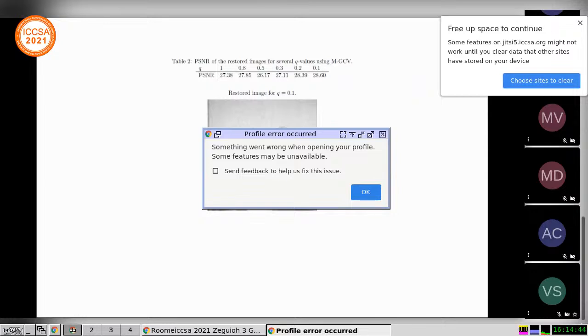The bottom line in the table shows the peak signal to noise ratio, and roughly larger is better. So choosing Q small gives better results. It also typically means that we require more iterations. Thank you.